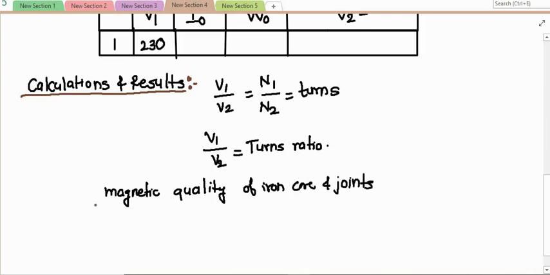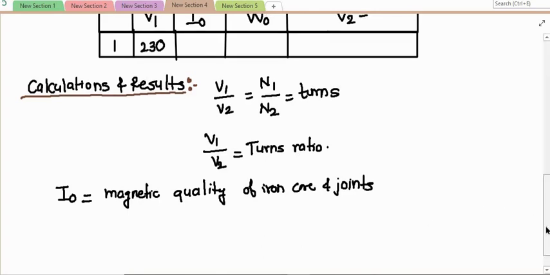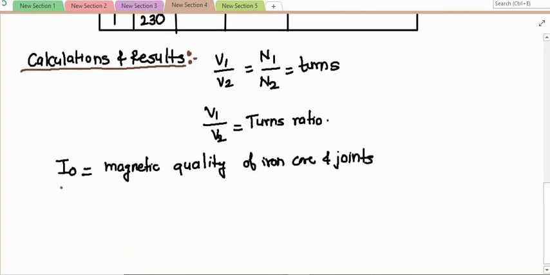If you remember students, we have studied that if your magnetic core is made up of silicon steel which has higher permeability, then very less current or negligible current is required to set up the flux in the transformer. So the quality of your iron core and joints depends upon your no load current value. So your no load current gives a check on the magnetic quality of the iron core and the joints.